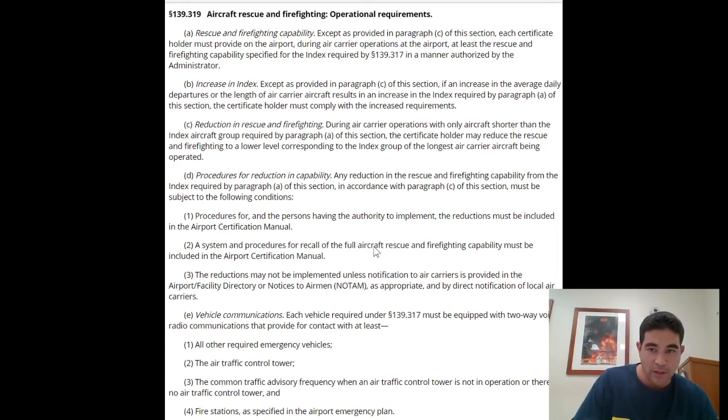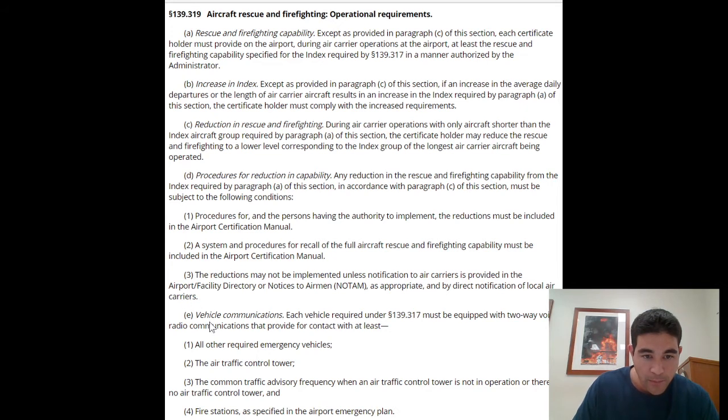So those are the 3 things that you need to do for reduction capabilities. Basically, just letting everybody know that we're changing, and we do have the protection needed for the new change, and it's all in our airport certification manual if they want to check it out.